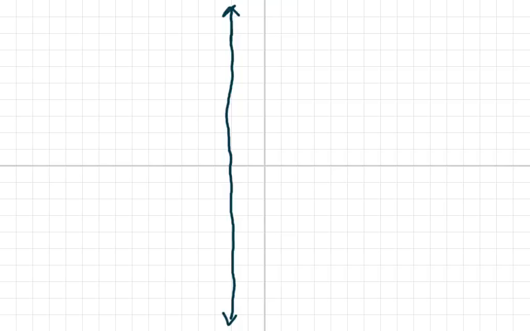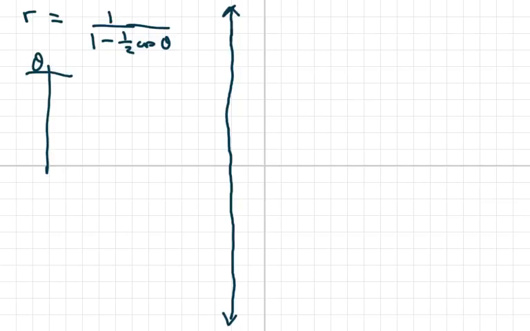Now my equation is r equals 1 over 1 minus 1/2 cosine of theta. And I'm just going to plug in my angles as 0, pi over 2, pi, 3 pi over 2. So just 4 key points to get the vertices.